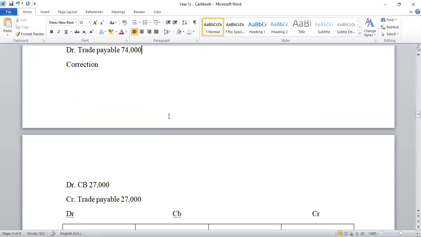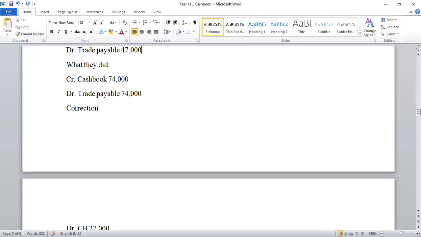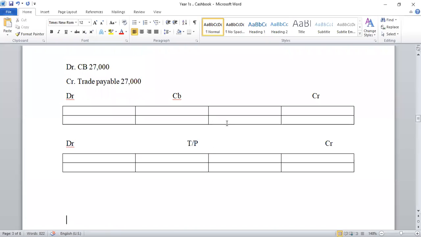Now this is what they did. They credited the cash book with 74 and debited trade payables with 74. So on the cash book credit side, what we have here is trade payables of 74,000.